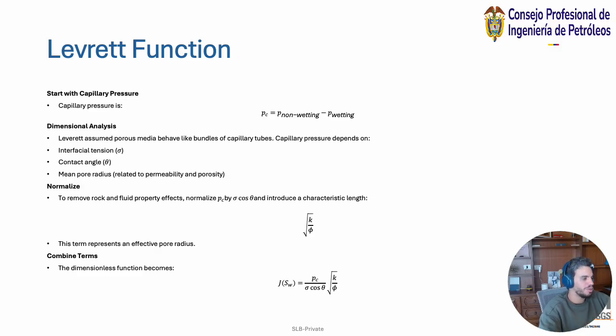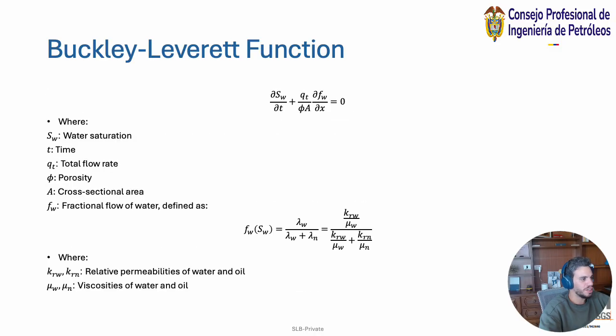So this is one of the most important functions, and you see a lot of it in reservoir characterization and reservoir simulation. Now let's move on to our final equation that we'll be talking about today, which is the Buckley-Leverett function.